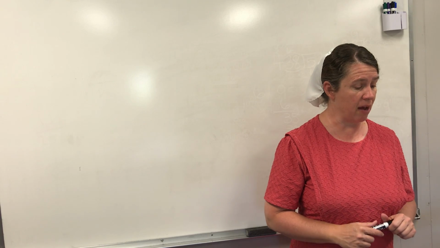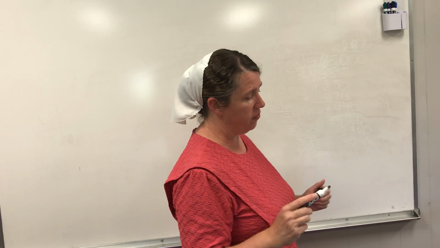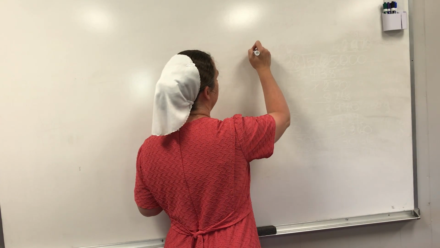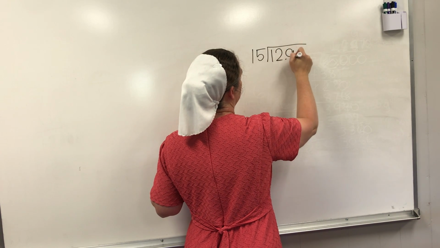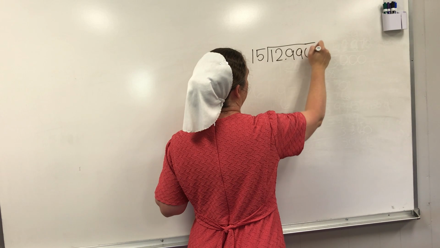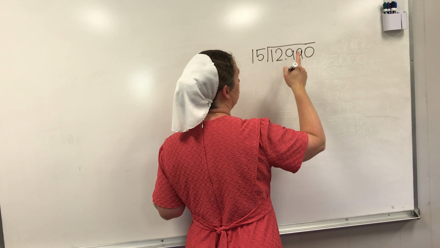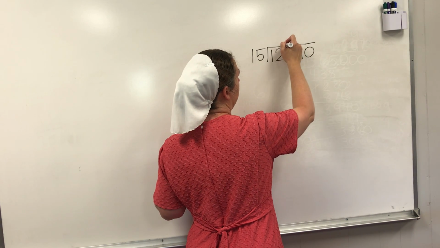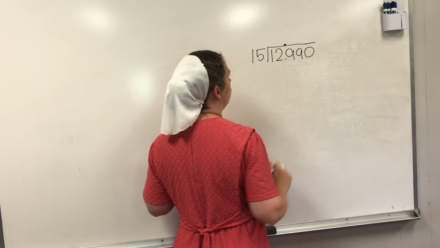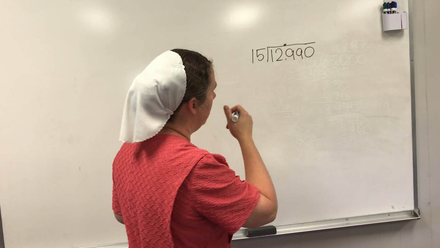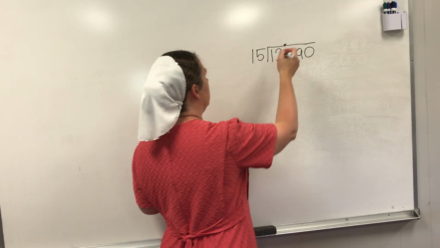All right, so we're going to have to do some figuring. We've got to go 15 into $12.99. I'm going to go ahead and add my 0 because we have to go 3 places and round, remember? 15 into 12 is not going to work. We can go into 129, and it's probably going to be about an 8.